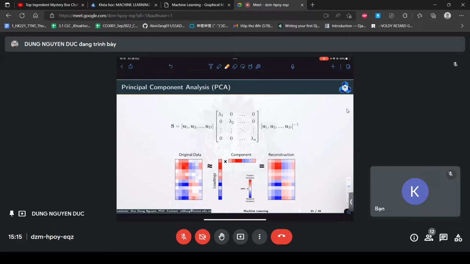PCA actually is used for projecting data, reduced dimensional data, mostly for pre-processing, because some of our data may be very irrelevant. So people want to discard those data that is not relevant to the problems and go from there.